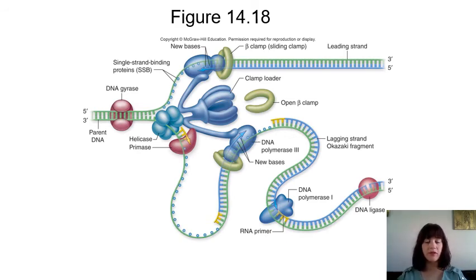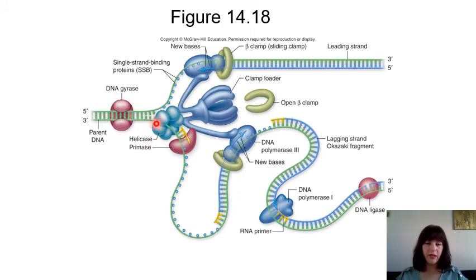Let's look at the parts in more detail. You should be able to identify all of these parts and know what they do. Here we have a gyrase. This is what's going to help as this DNA gets separated to relieve this tension to prevent supercoiling of DNA.